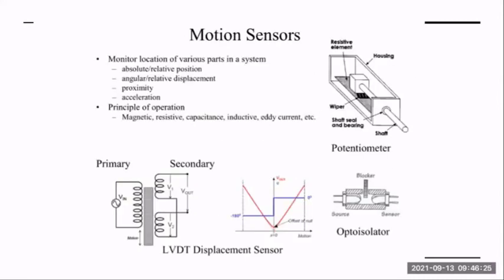So we have motion sensors. They monitor the location of various parts in the system. So absolute or relative position, angular or relative displacement, proximity or acceleration. Principle of operation: magnetic, resistive, capacitance, inductive, eddy current, etc. Okay.